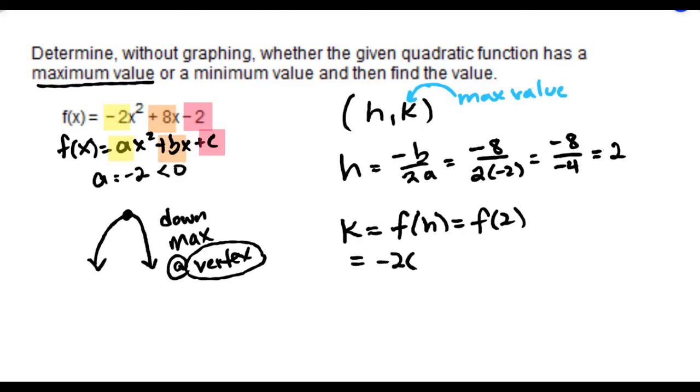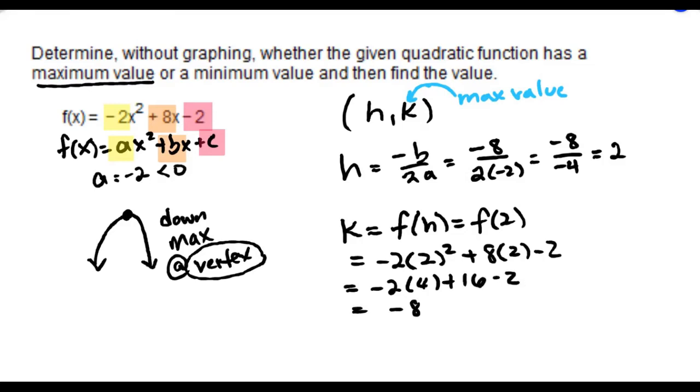We have negative 2 times 2 squared plus 8 times 2 minus 2. We're going to follow order of operations, applying the exponent first. 2 squared is 4, and negative 2 times 4 is negative 8.